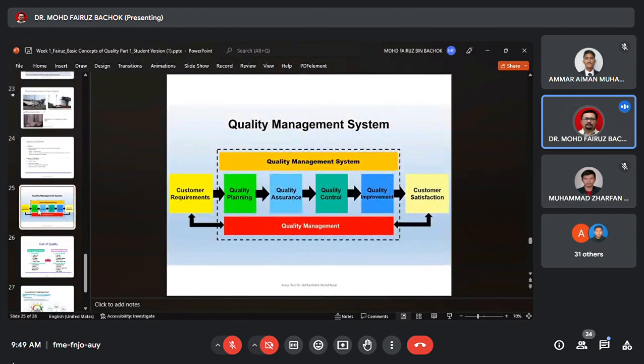This is one of the systems that can be implemented to come up with a quality product, which is a quality management system. So step by step, if you want to come up with a good quality product, you have to follow the steps in this quality management system. This is one of the tools. There are other tools like PDCA and design thinking. As long as you follow these quality tools, there is a high possibility for you to come up with high quality products.